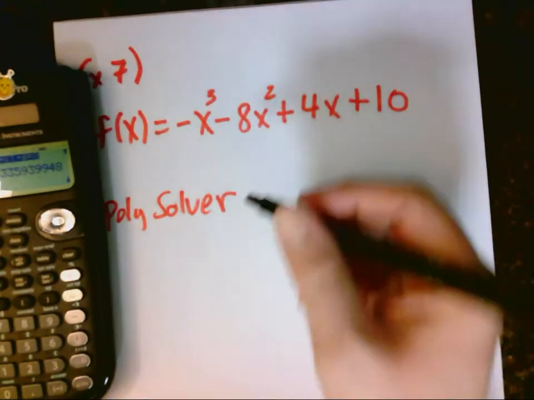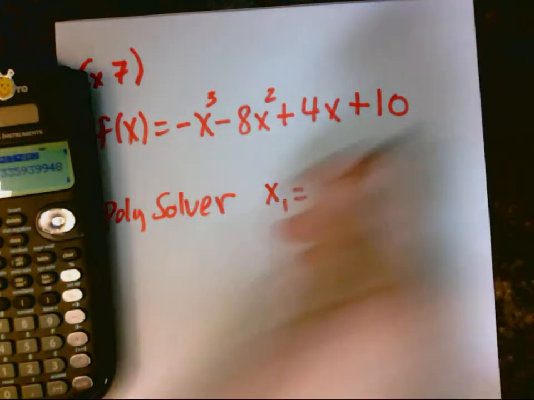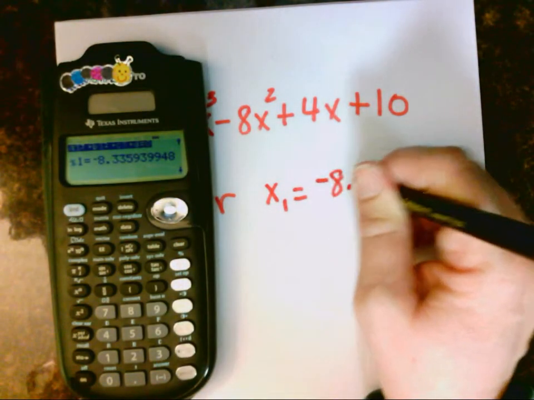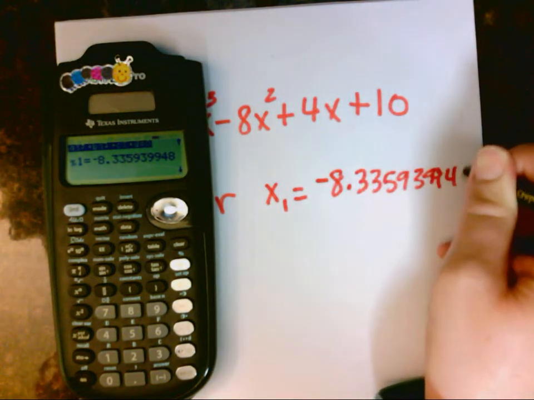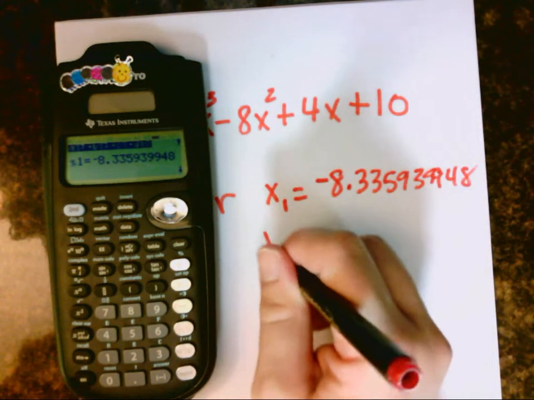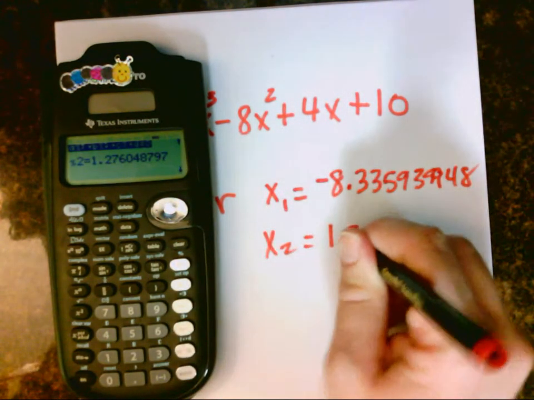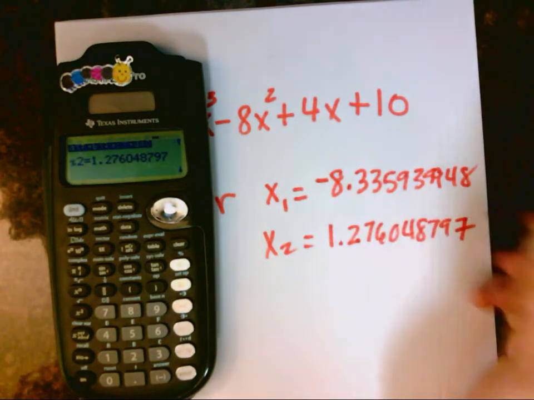Go down again. Solve, if I typed it in right, which at least I typed it in the way I did before. The first solution, I'll call it x sub 1, is -8.335939948, whatever, right? Okay, x sub 2, go down and see what the next solution is, 1.276048797.